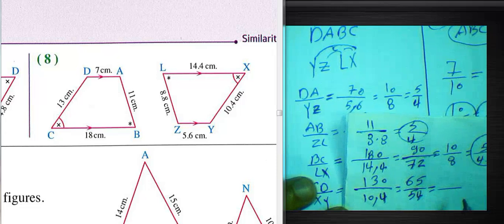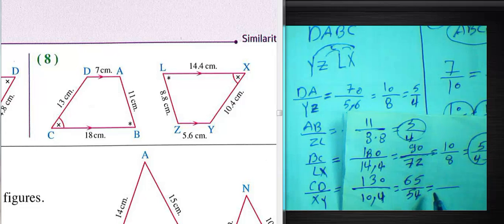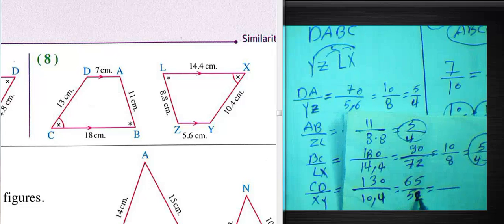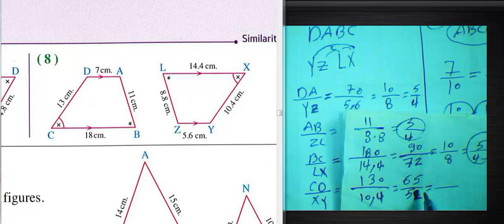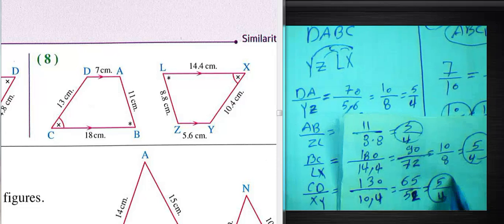We can divide 65 over 52 by what? 13. 65 divided by 13 equal 5, 52 divided by 13 equal 4. The result will be 5 over 4.